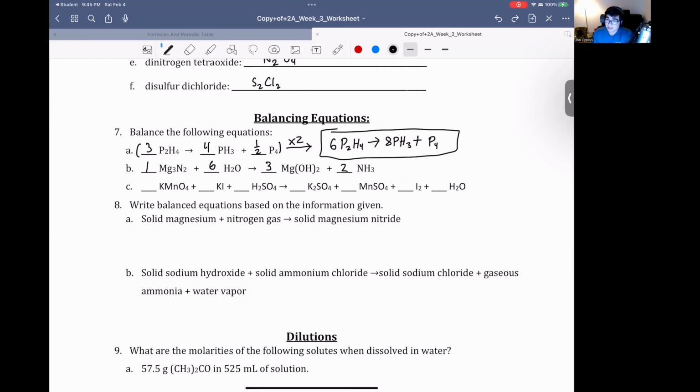Okay, so for this next one, this one is a lot more difficult in terms of balancing. If you just try to balance each side normally, right, trying to just plug in the numbers and get them to work out nicely, it's not going to work. You have so many components here in odd ratios that you're not going to just get it to work out.